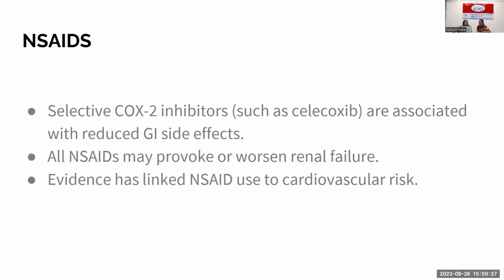They are associated with reduced GI effects, but still they can have renal toxicity. Okay. So you need to be aware of this. And there is some amount of cardiovascular risk also documented very well. So the main thing to have in mind is what I'll show in the next slide and the other one.